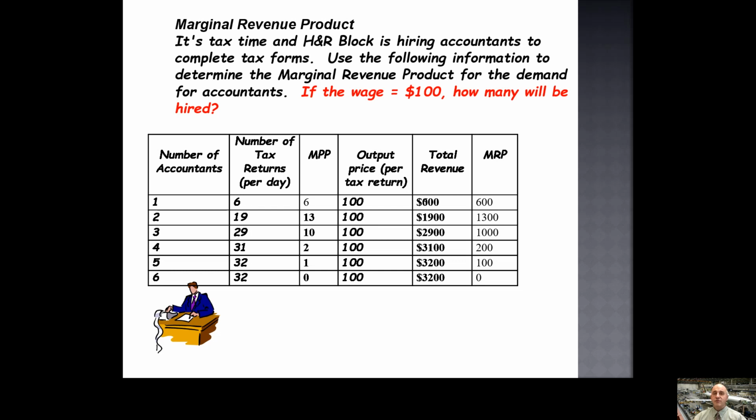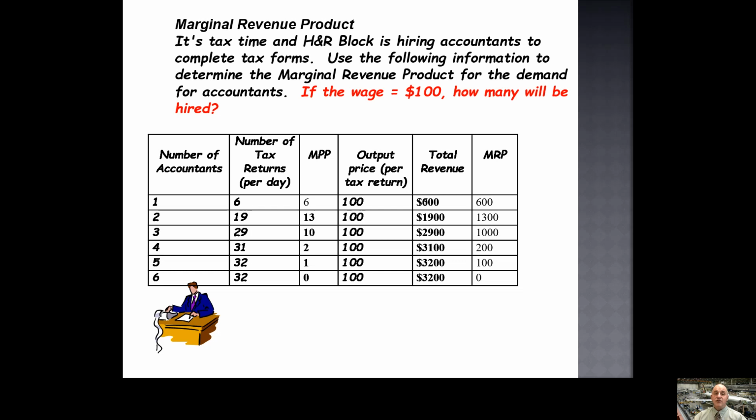So remember, marginal revenue equals marginal cost. Same thing sort of applies here. They'll end up hiring 5 workers because the marginal revenue product of $100 is equal to the wage rate of $100.